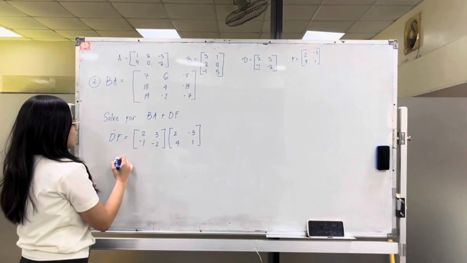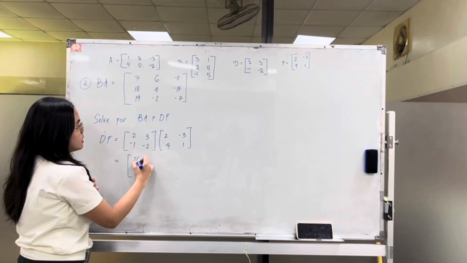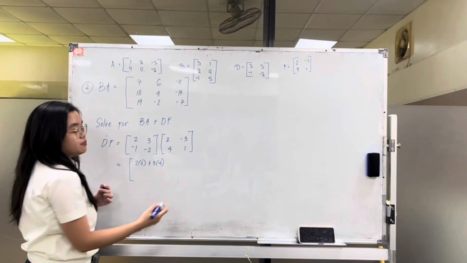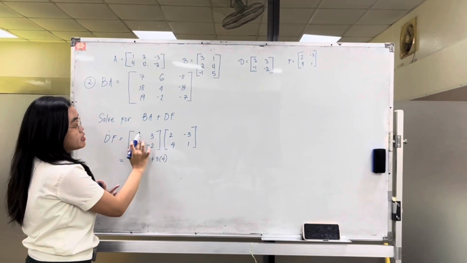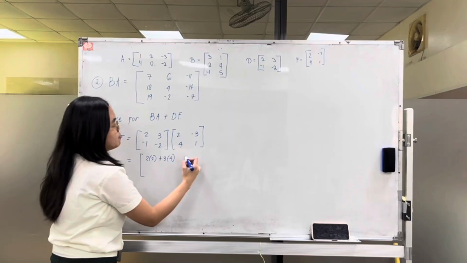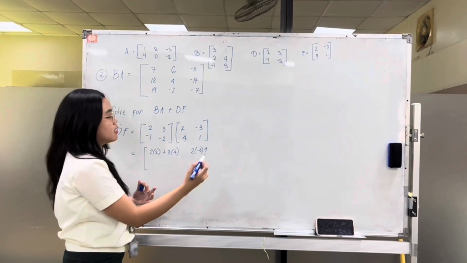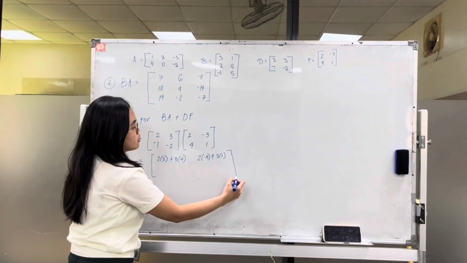Okay? So we'll have 2 times 2 plus 3 times 4. That's it. Next, we dive again. This row multiply to this column. 2 times negative 3 plus 3 times 1. Let's just close it.